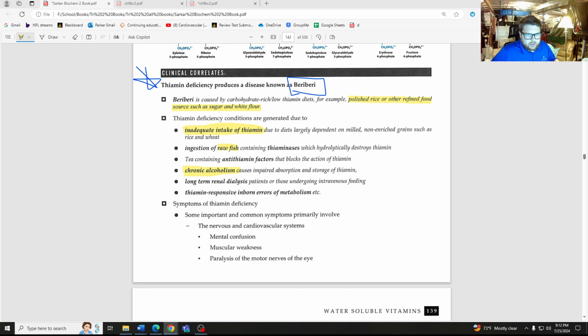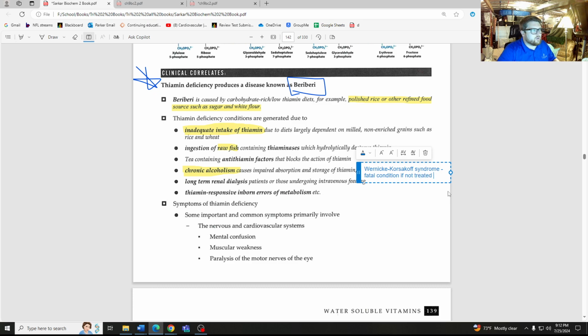It has a specific name. You'll hear a ton about this as you go through the program. It's called Wernicke-Korsakoff syndrome, which can be a fatal condition if not treated.